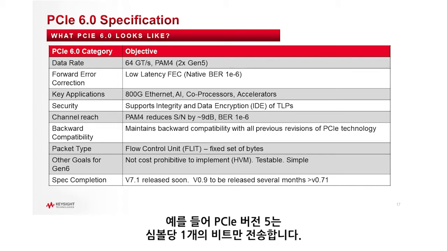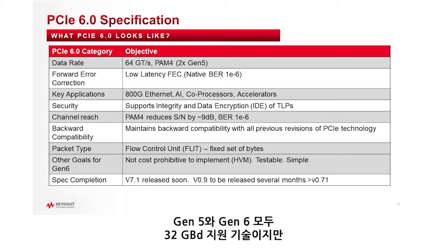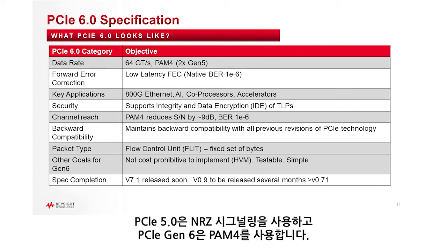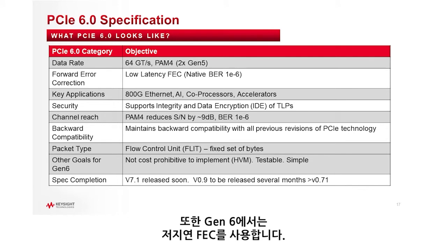PCI Express version 5, for example, only transmits 1 bit per symbol. So as such, we can say that both Gen 5 and Gen 6 are 32 gigabaud capable technologies, but PCI Express 5.0 operates with NRZ signaling, whereas PCI Express Gen 6 uses PAM4.